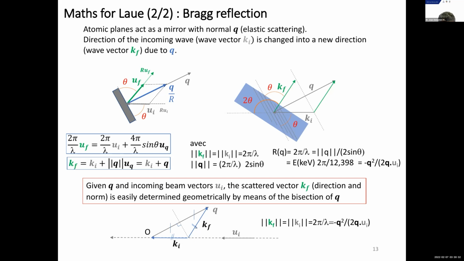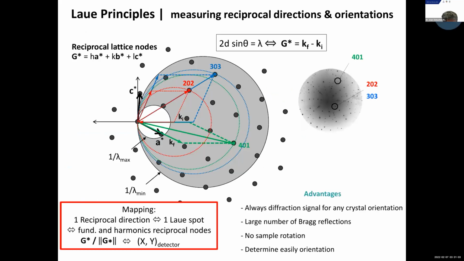So to compute Kf, you take the line in between, perpendicular, the mediatrix in French, and you compute this line, and now you know the starting point of Ki and the starting point of Kf. So this is very simple and useful to remember.